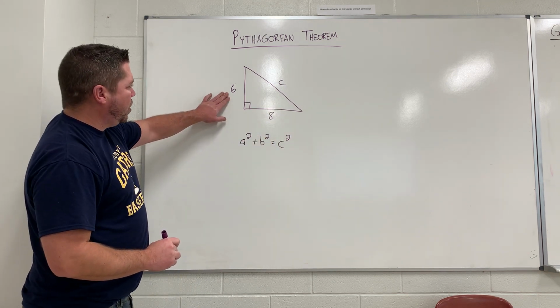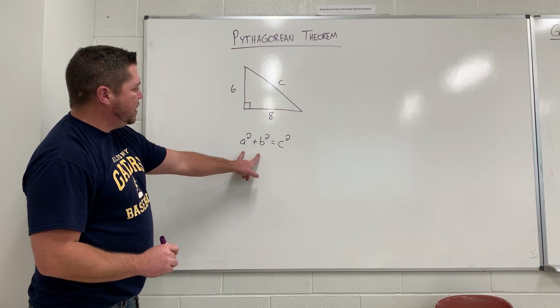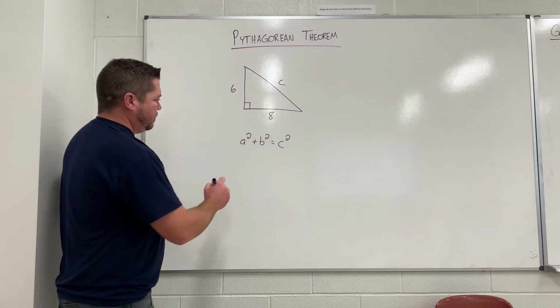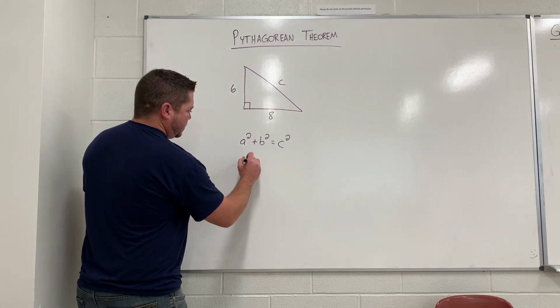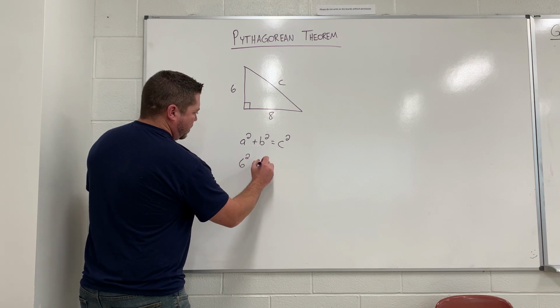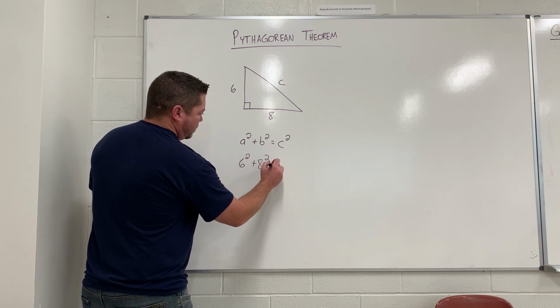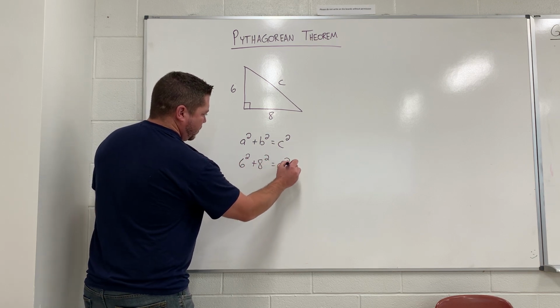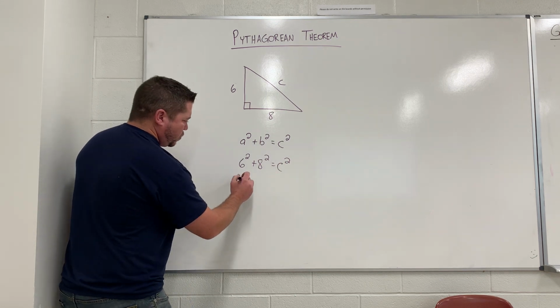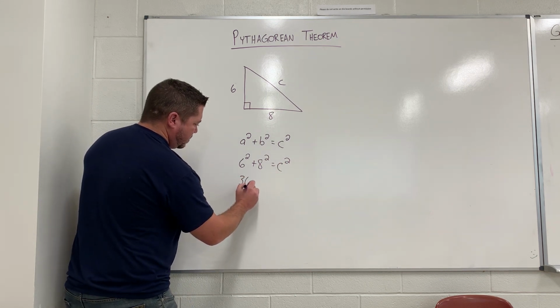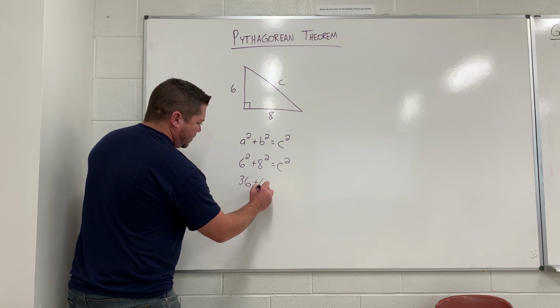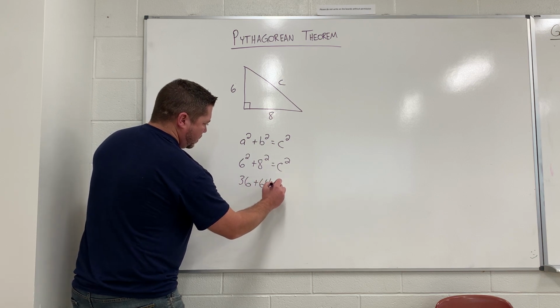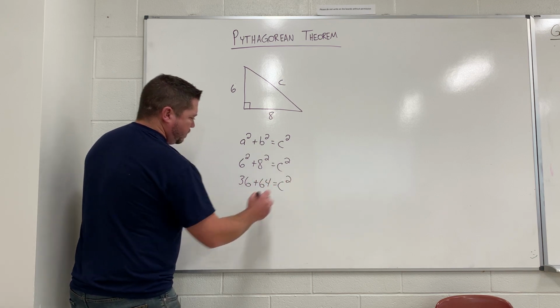We can plug the 6 and 8 into A and B, and we can find out C. So we take 6 squared, 8 squared, and it's going to give us our hypotenuse squared. 6 squared is 36, 8 squared is 64, that's going to be C squared.